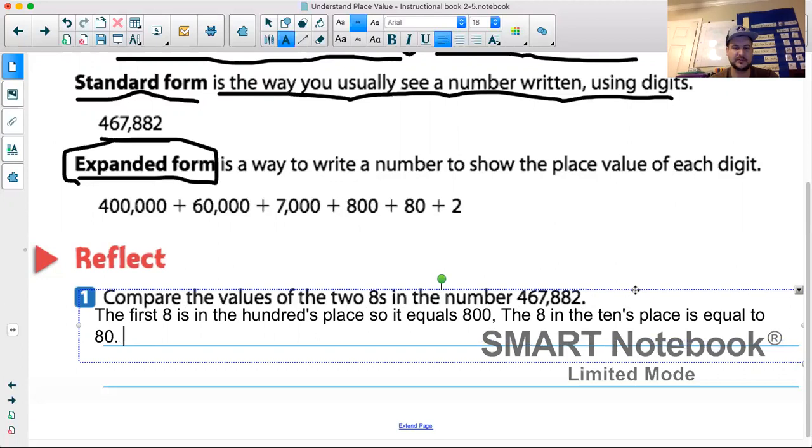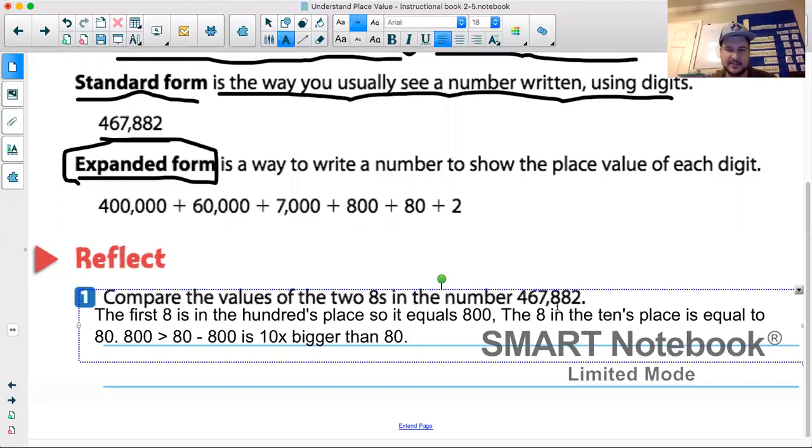800 is greater than 80. So what you also need to know is how many times greater. The number directly to the left of the place to its right is always 10 times bigger. 800 is 10 times bigger than 80.